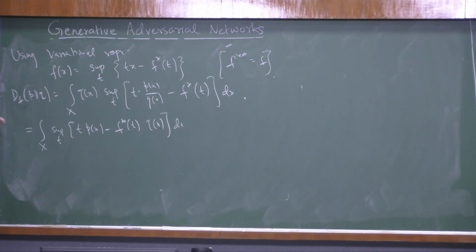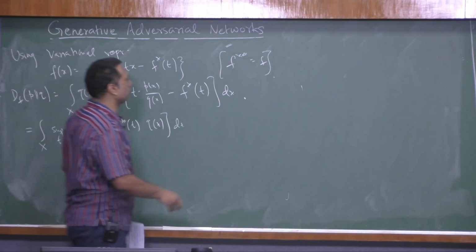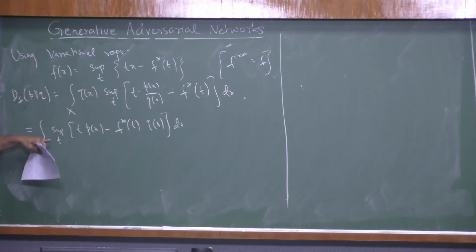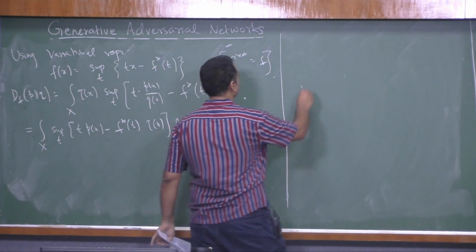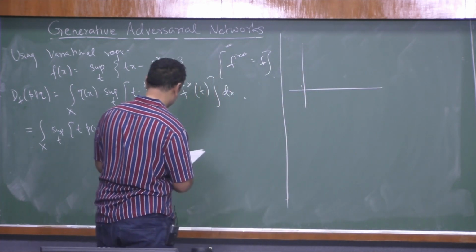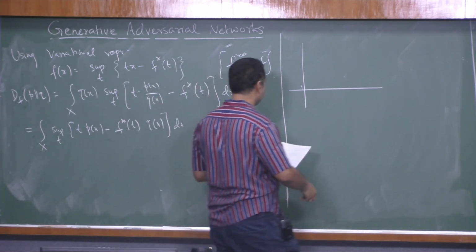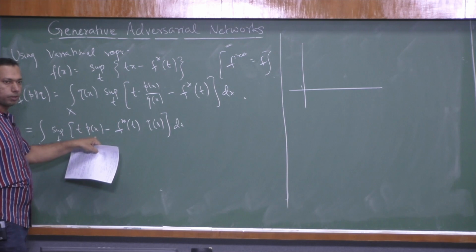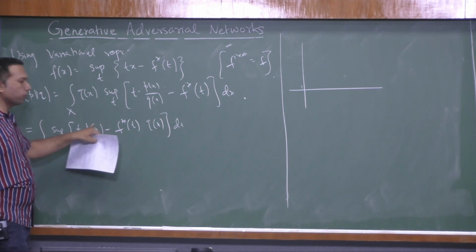Now, a full proof of this is in real analysis, but I will give you an idea behind what goes into taking the supremum out, without giving a full proof. So what is happening here is that this function in x that you see here is determined pointwise.